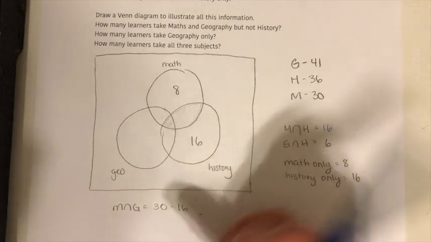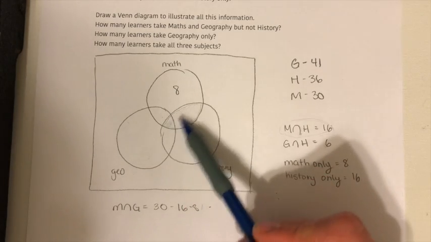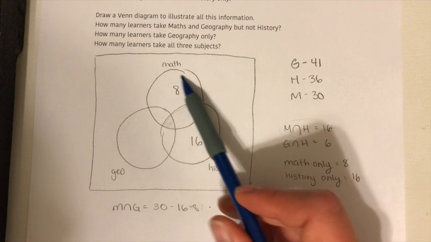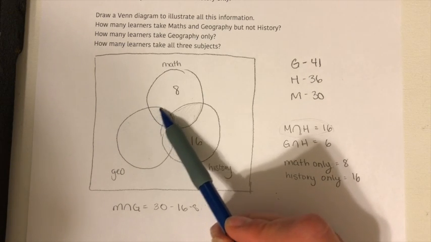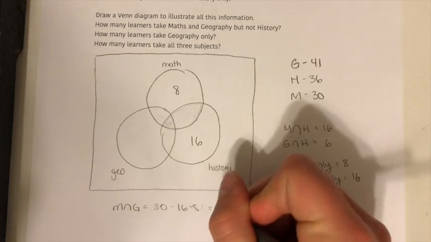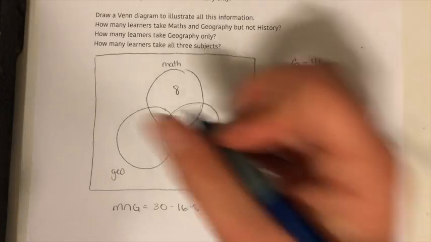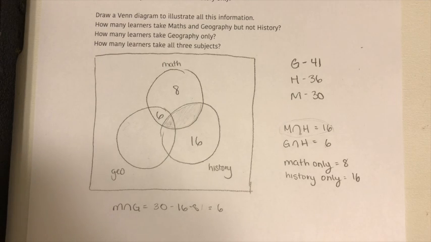I was like, this number seems too high. So the 30 people who are taking math minus the 16 people we know exist here, and then minus the 8 people, that's going to give us just the untouched part of this circle here. So 30 minus 16 minus 8 gives us 6, okay? And that can go in that, it looks kind of like a petal to me.